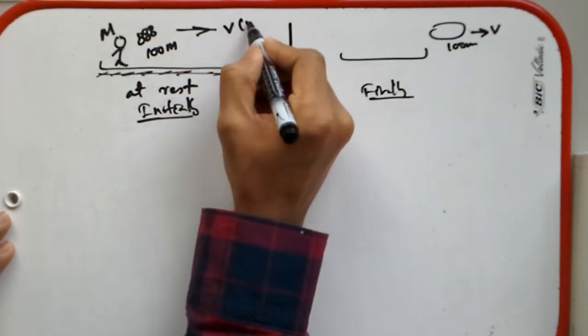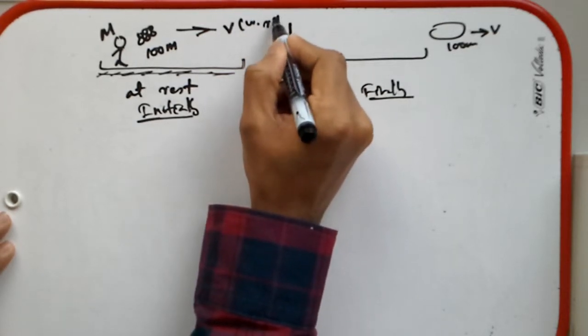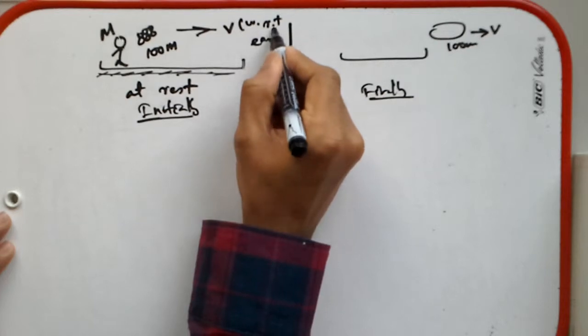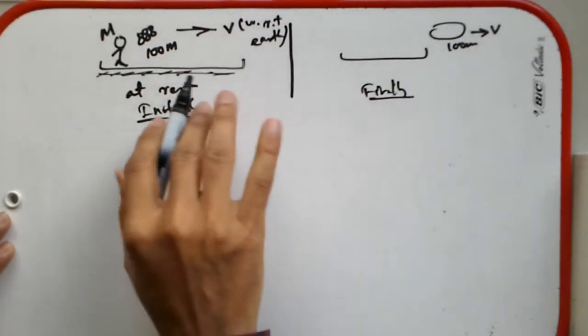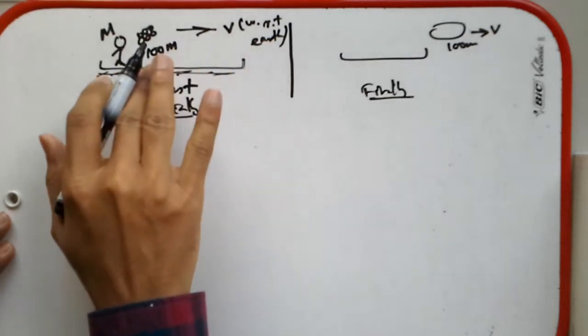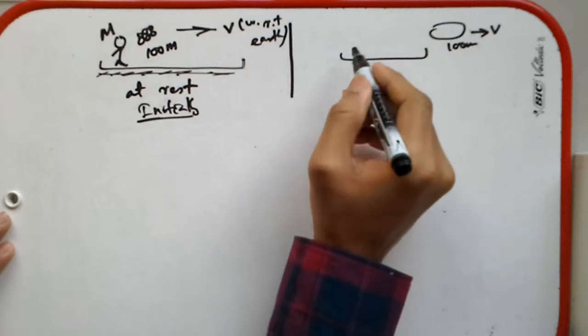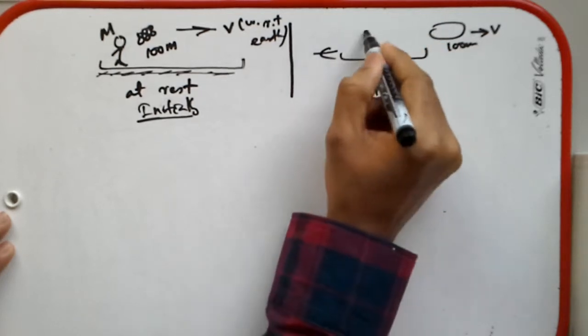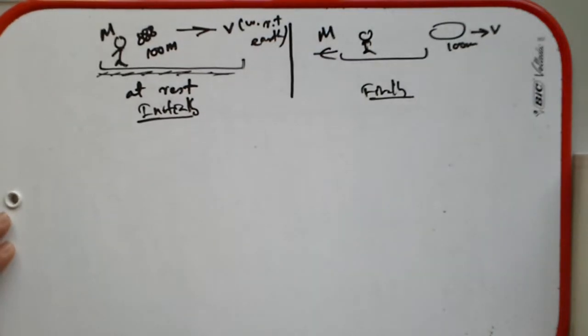This velocity I forgot to tell, this is with respect to Earth. So he's throwing all the marbles at once in the same direction with this velocity small v. What is his recoil velocity?